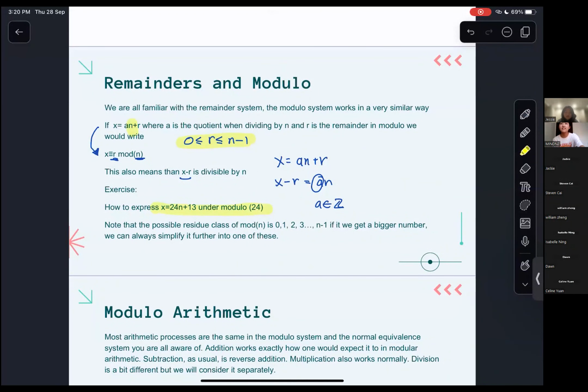Maybe just share what you considered as the quotient, which part you considered as the remainder, and how you did it. It's really quick and easy. If not, it's also fine.